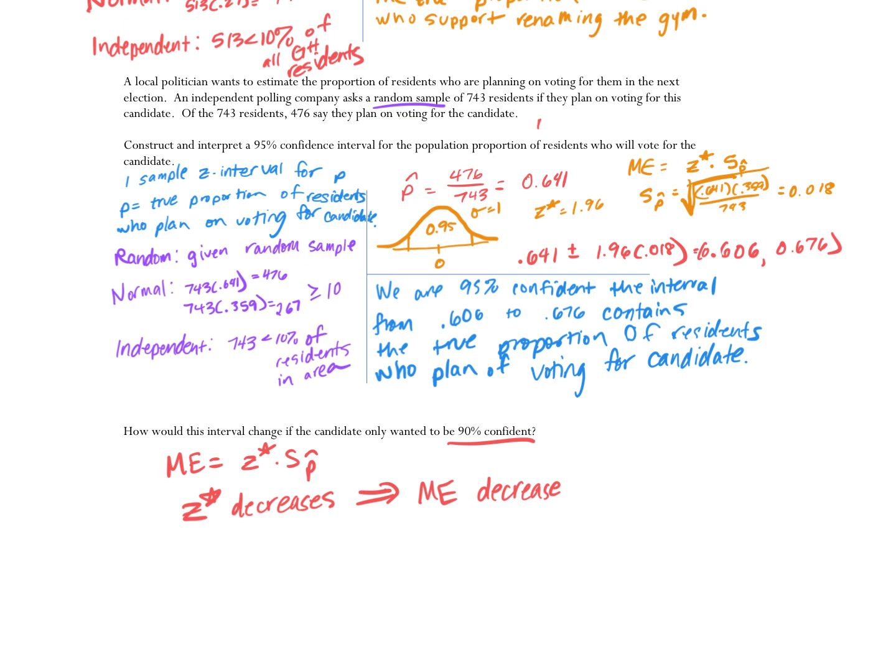Everybody good? All right. Look at this. The interval for this was 0.606 to 0.7676, right? The confidence level is the 95%.